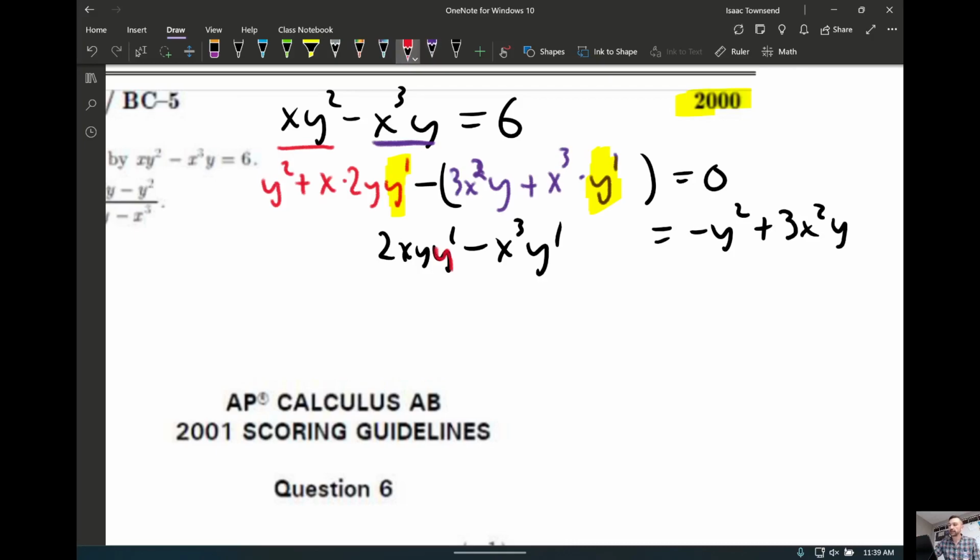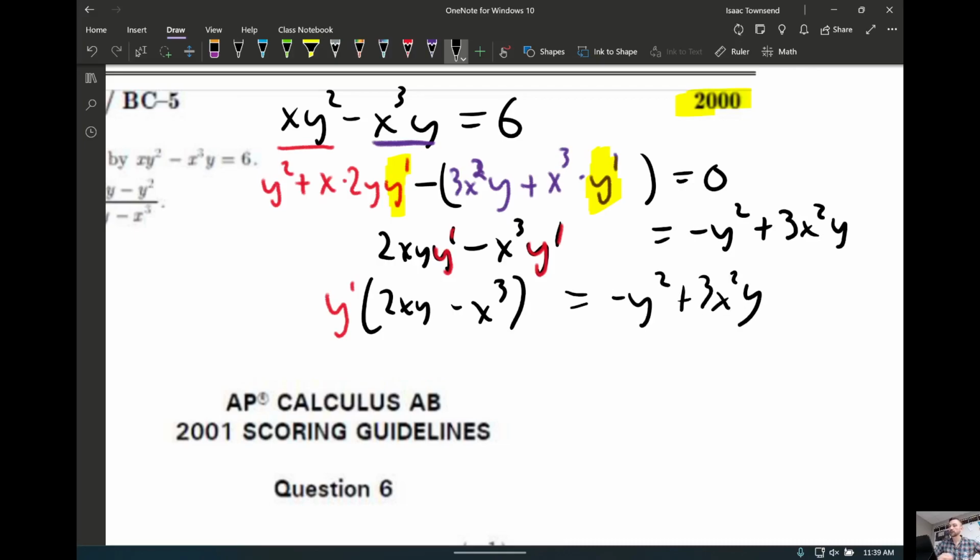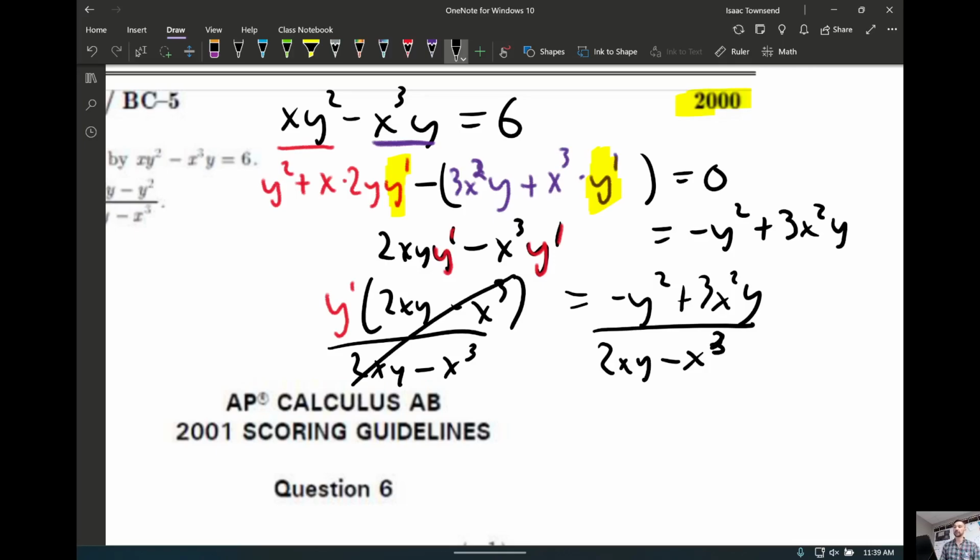The reason why that is helpful is if everything on the left side has a y prime, you can factor it out as a GCF, and then undo times with divide. Not that the simplifying is easy, but the simplifying is very consistent from question to question, so that makes it a little bit easier.